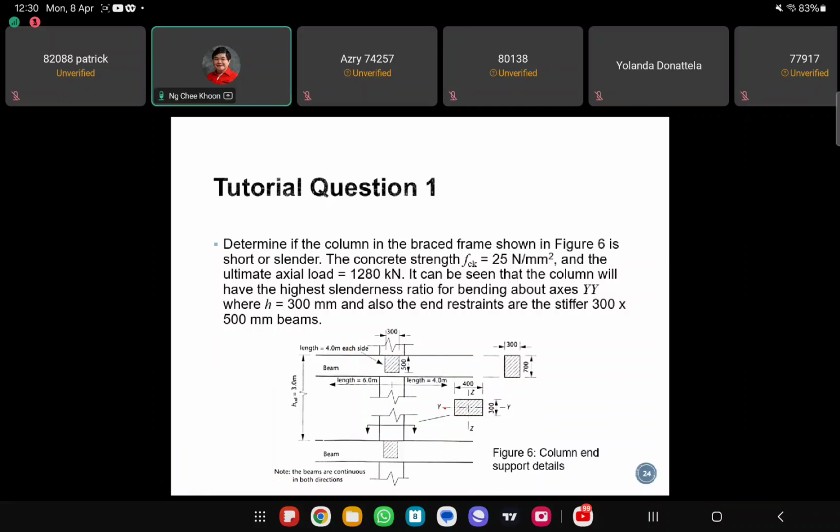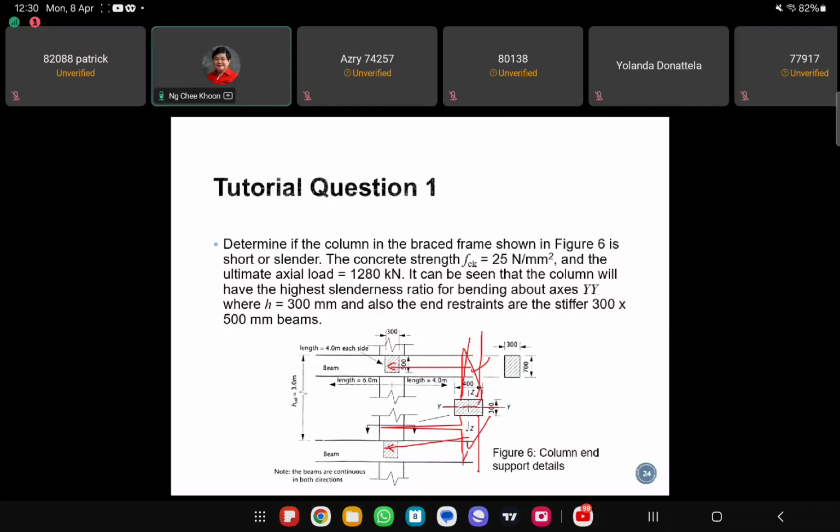And then for bending about the y-axis, it is restrained by this beam here and this beam over here, the one that is shaded.